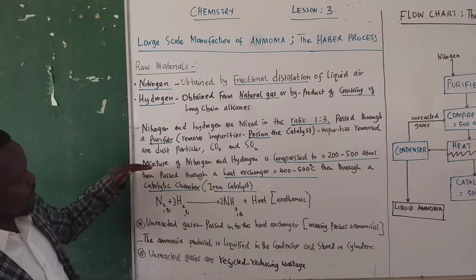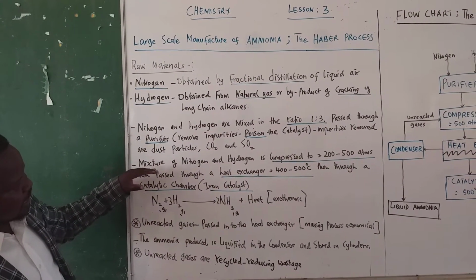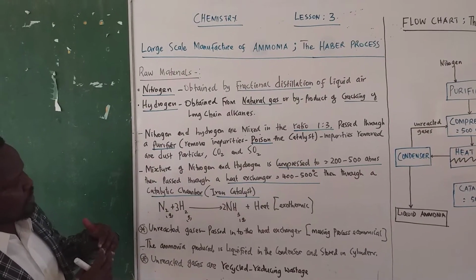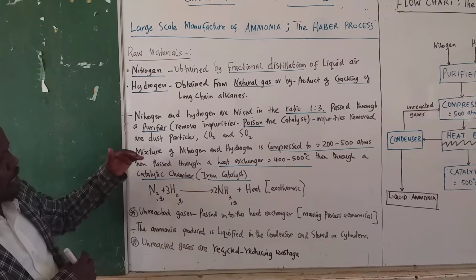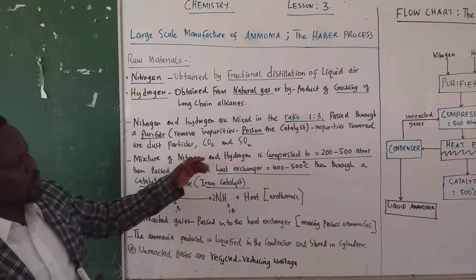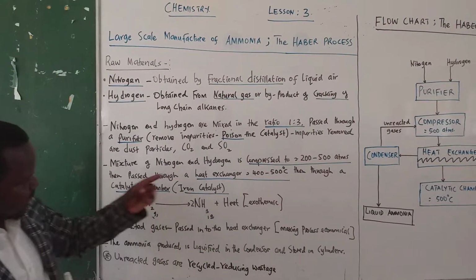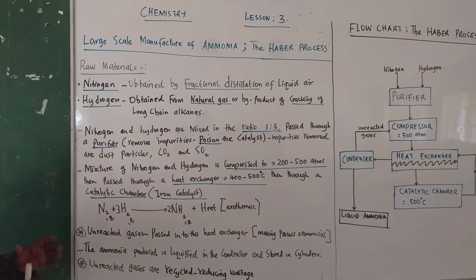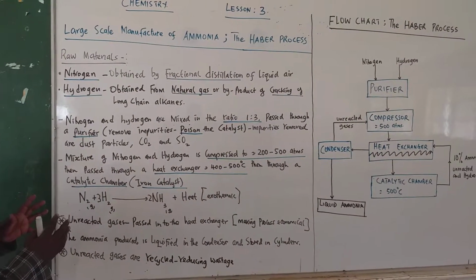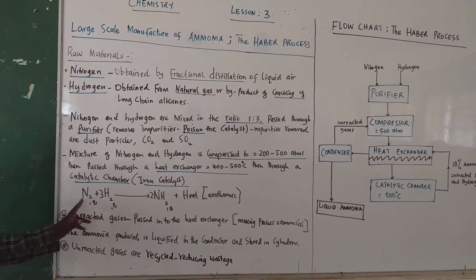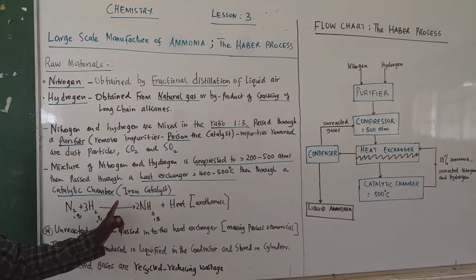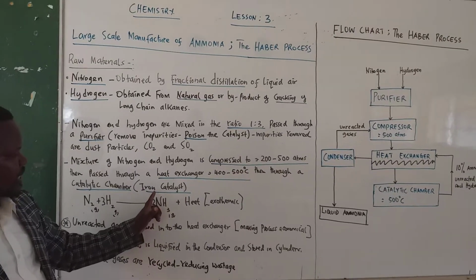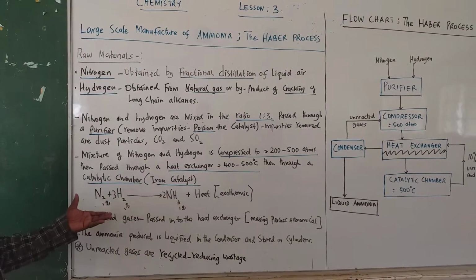So the conditions indicated here are what we refer to as optimum conditions: the temperature, the presence of a catalyst, and the pressure indicated there. Now, once this has been done, nitrogen will combine with hydrogen, as indicated in this equation, to produce ammonia gas, and the reaction is highly exothermic.